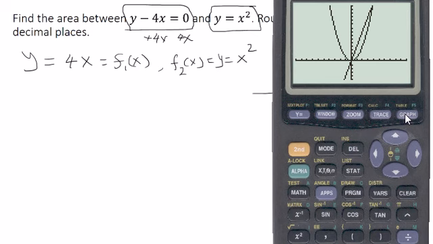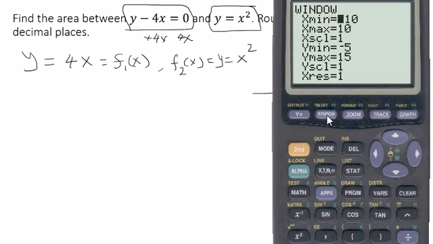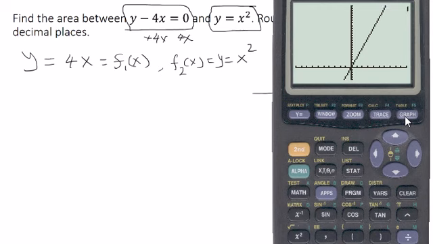Well, a little bit further more, so I'm going to change the y max into 25 and see what happens. Alright, so this is the graph that we get when we plot these two functions together.